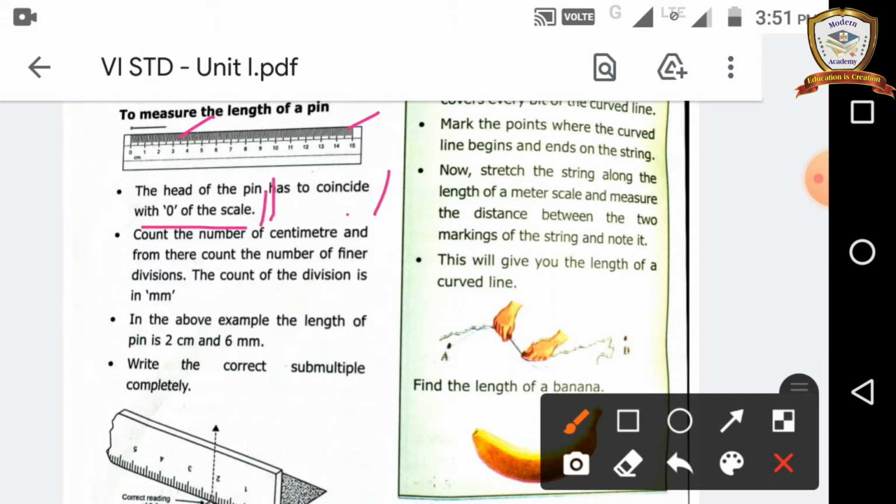Count the number of centimeters and from there count the number of finer divisions. The count of the divisions is in millimeters. In the above example, the length of the pin is 2 centimeter and 6 millimeter. So write the correct submultiple completely.